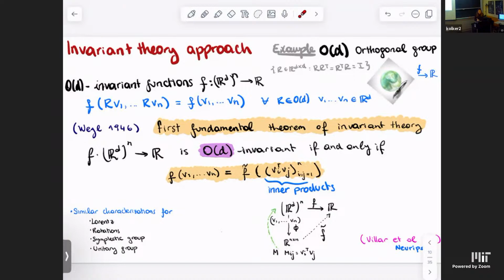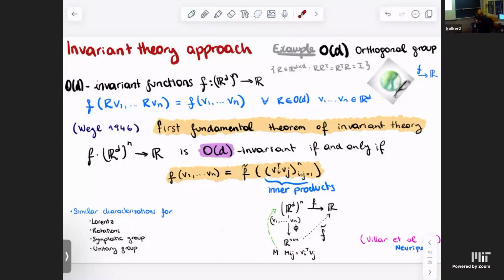So first of all, what is a symmetry? Say I have a function that takes n vectors in R^d, the point cloud, and predicts just a scalar value, which is the energy, right? This function satisfies that if I apply an orthogonal transformation to each of my input vectors, the output doesn't change; it's invariant. So the first fundamental theorem of invariant theory, which you can find in the classical invariant theory book by Weyl from 1946, tells you that the O(d) invariant functions are given by functions of the inner products of the input vectors.